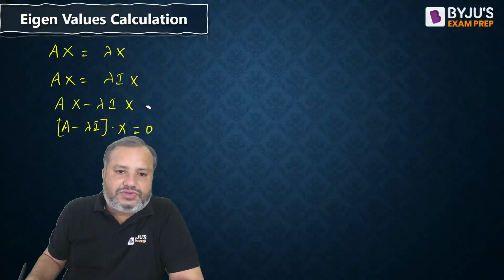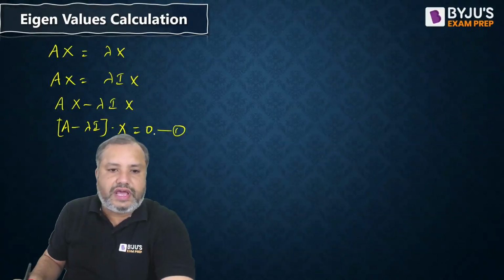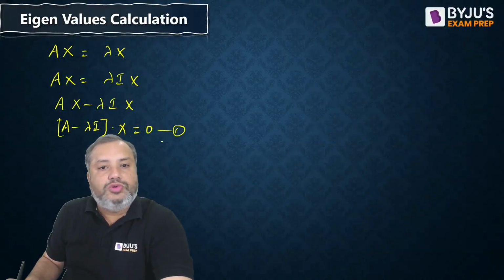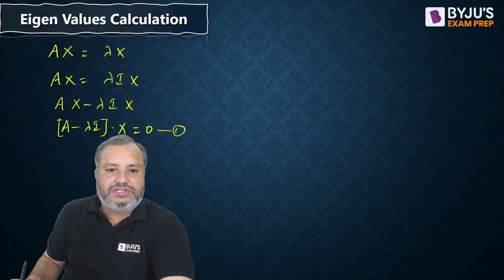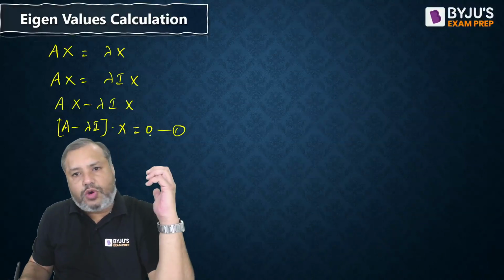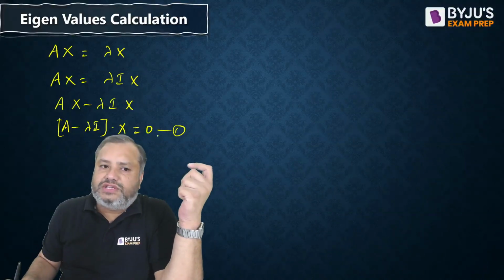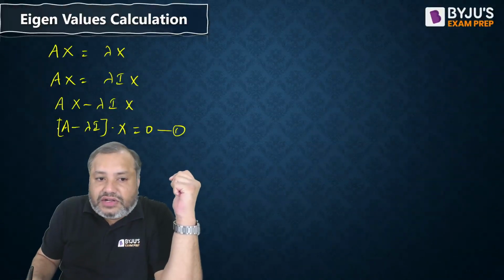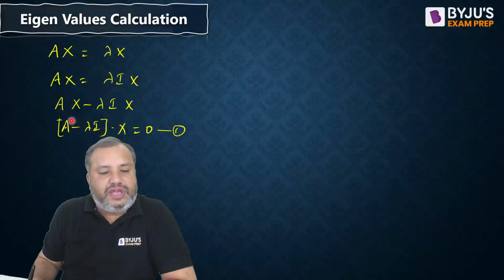So this particular expression is called equation 1, and this equation 1 is nothing but the homogeneous system. You already know that for a homogeneous system to have non-trivial solution, the necessary condition is the determinant of this coefficient matrix must be 0.